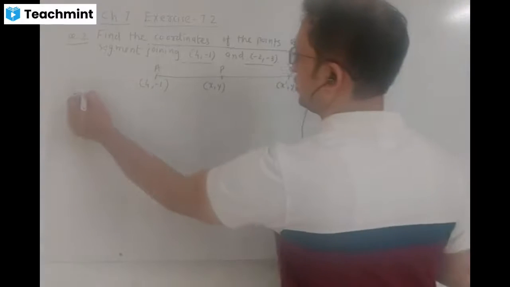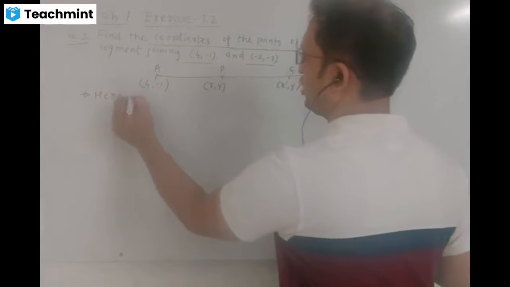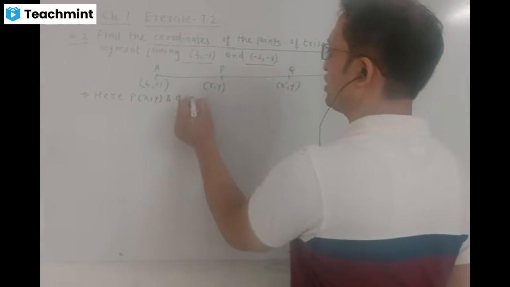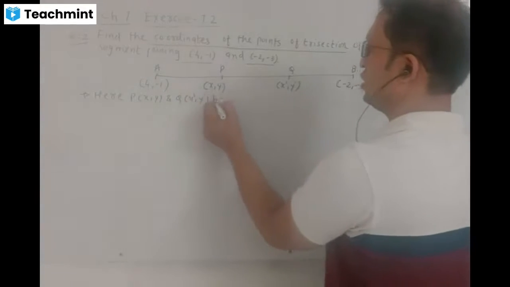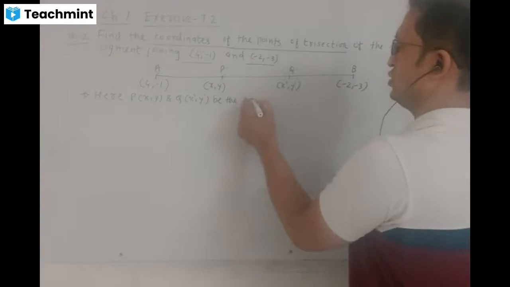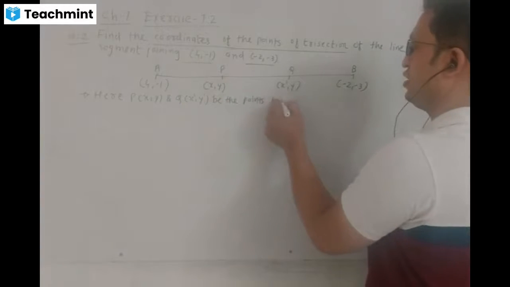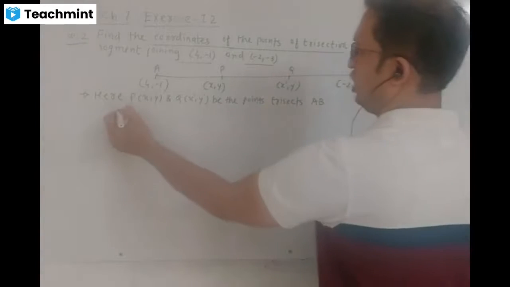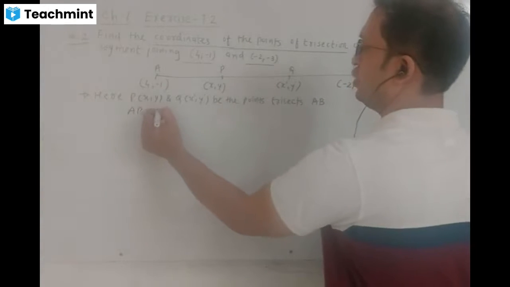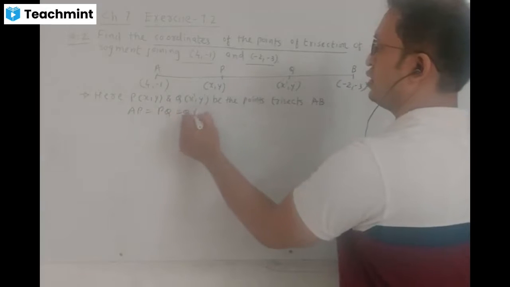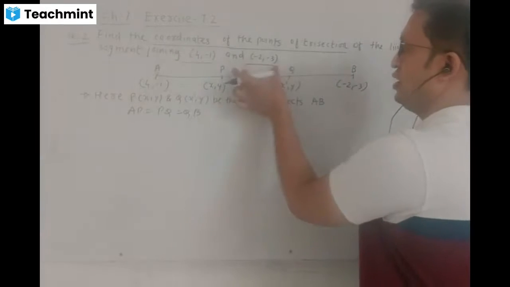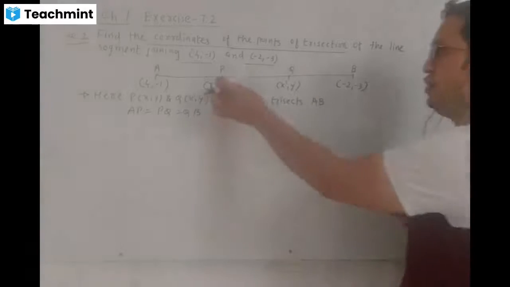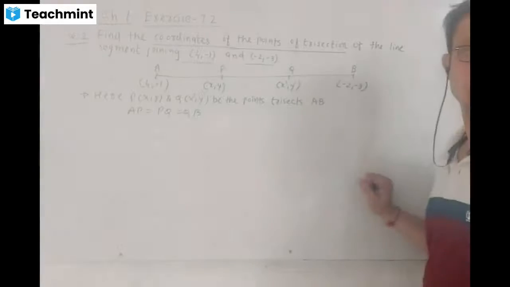Here P(x, y) and Q(x', y') are the points that trisect AB. Therefore AP is equal to PQ is equal to QB, and P divides the line segment AB.